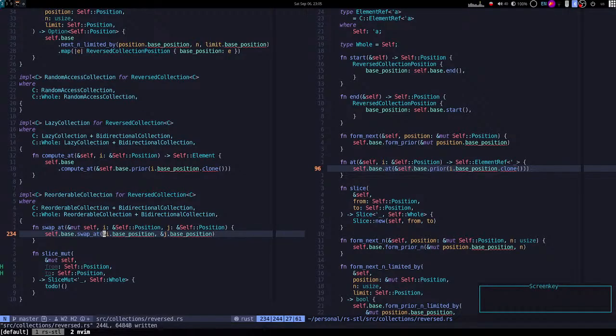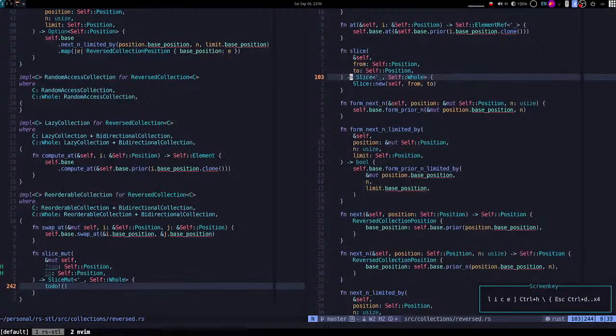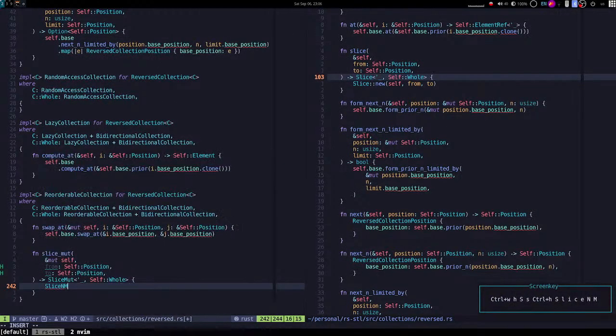Now for implementing the mute one, I think I would just go slice, no, okay, so it should be literally slice mute new self from 2, and it should be 2 dot base position to from dot base position, right?